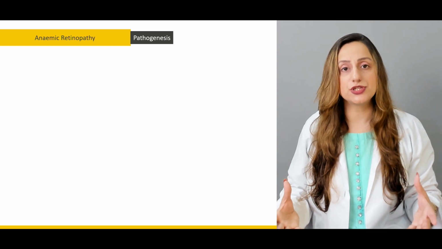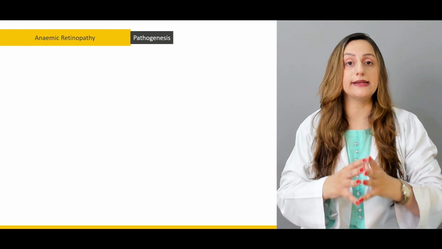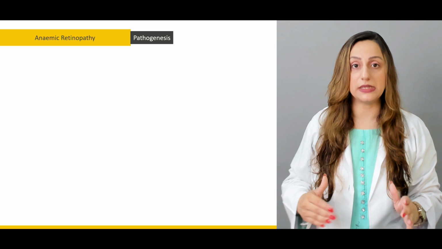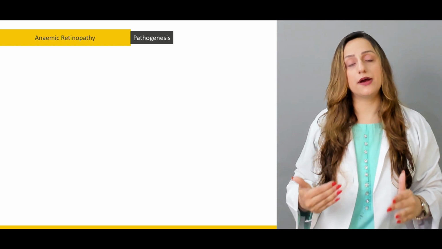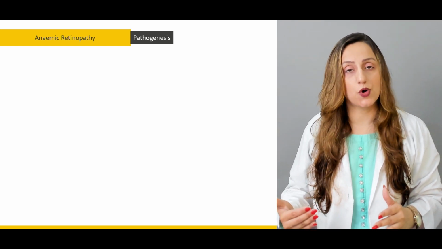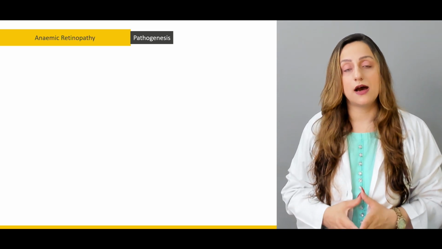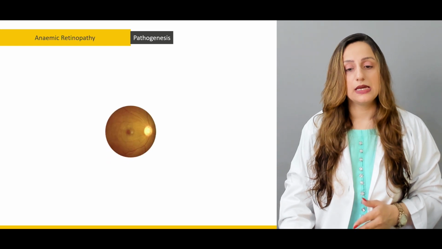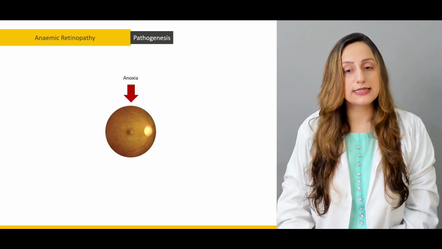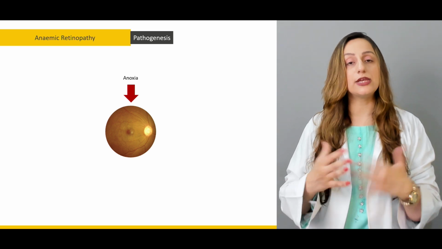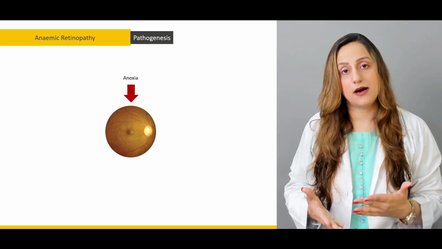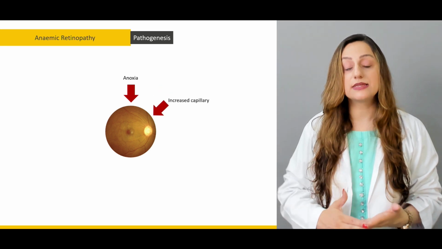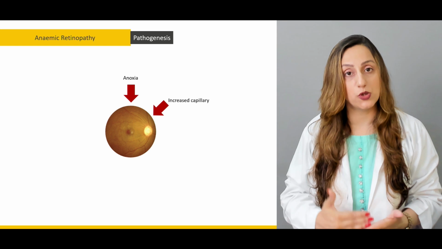The clinical features, you should know by heart, what is the clinical picture that is presented in cases of anemia. What are the causative factors, or the risk factors, for the development of these retinopathies in these individuals? So first of all, anoxia. Knowing the pathogenesis, the anoxia is going to be sensed by the retina of this individual, that there is a decreased oxygen flow.